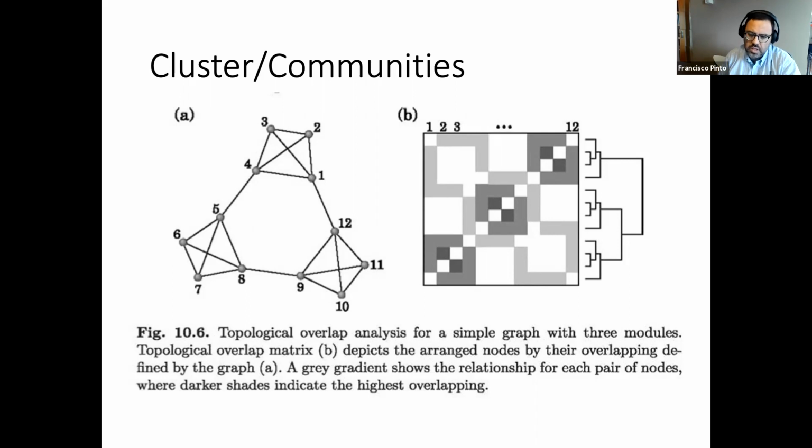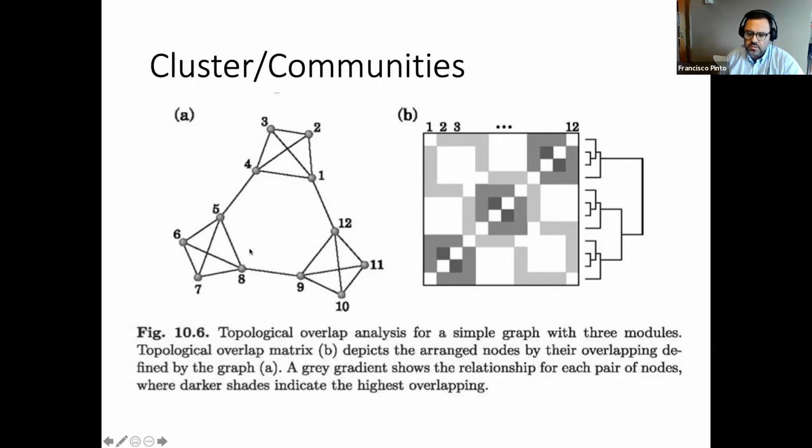But usually people in network science have developed alternative methods to find the communities or clusters within the network. So the aim is to break the network, a connected network, into subgraphs that have a modular structure, so that have the property of having a lot of connections within the cluster and not so many connections with the other parts of the network.